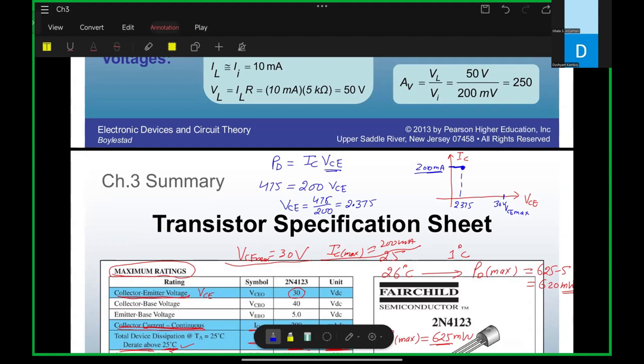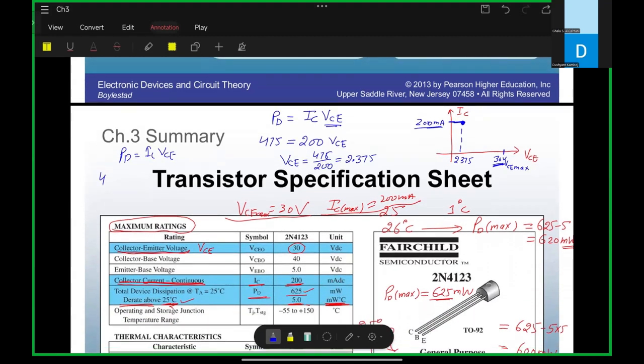Then we have to decide, whenever you have 30 volt, how much is the IC? So the power dissipation again is IC into VCE. This time you have to use the VCE value. Power dissipation is 475. We have to calculate IC whenever your VCE is equal to 30 volt. So IC is 475 divided by 30.